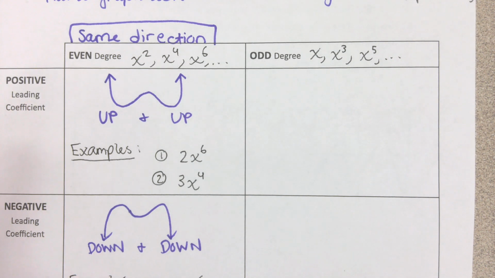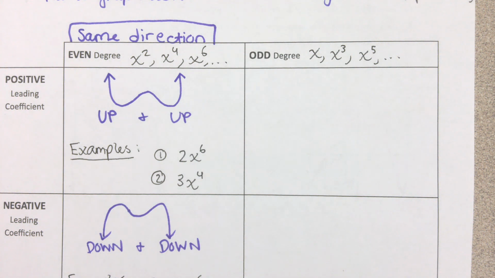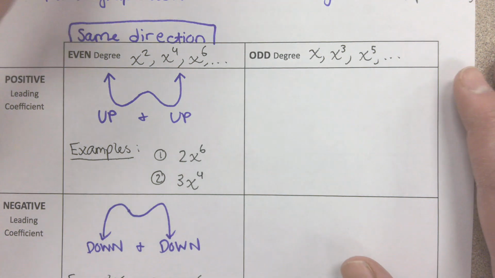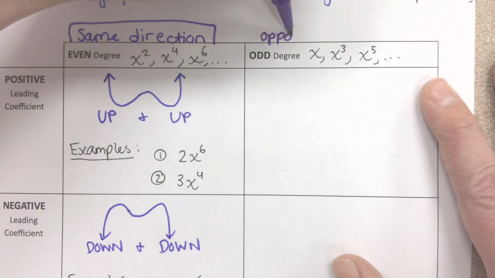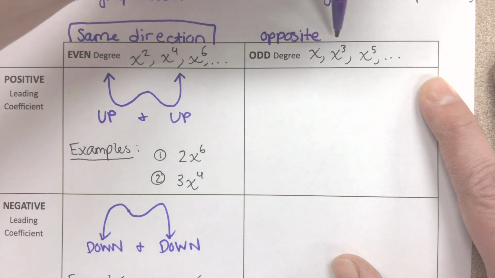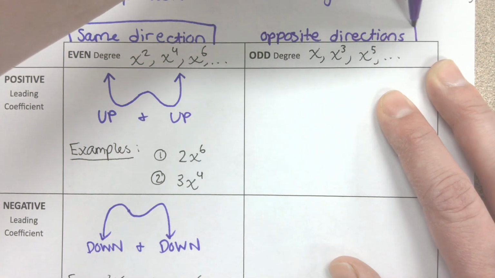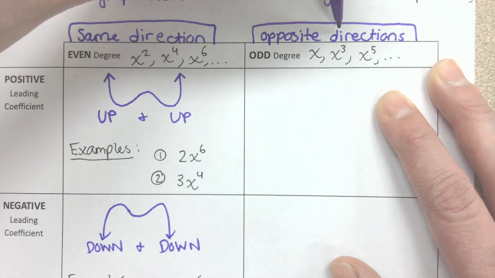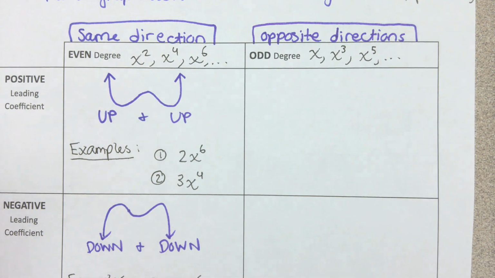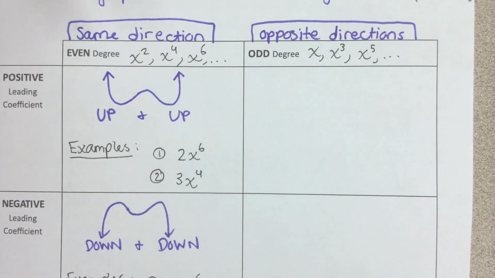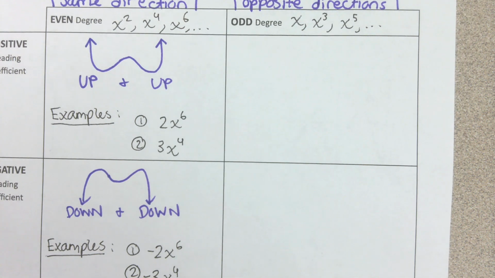For odd graphs, we can't have a repeat of this, so we're going to have one of each. Odd degree graphs go opposite directions. Odd graphs, you'll have one of each. One side will be up and one side will be down.